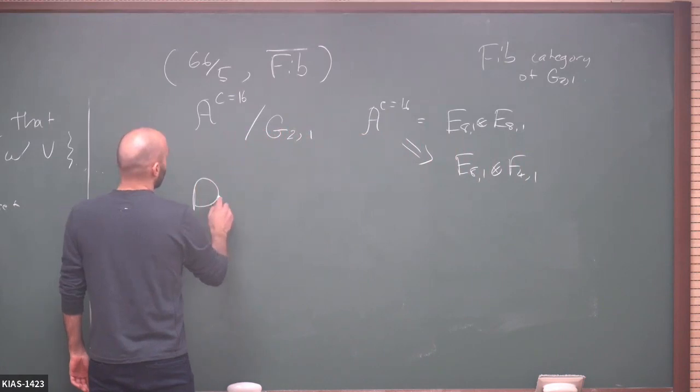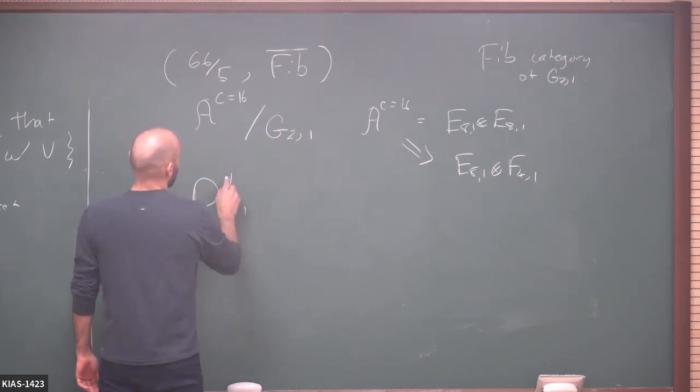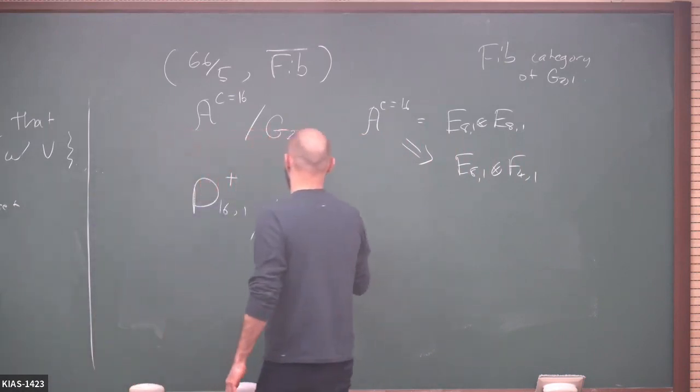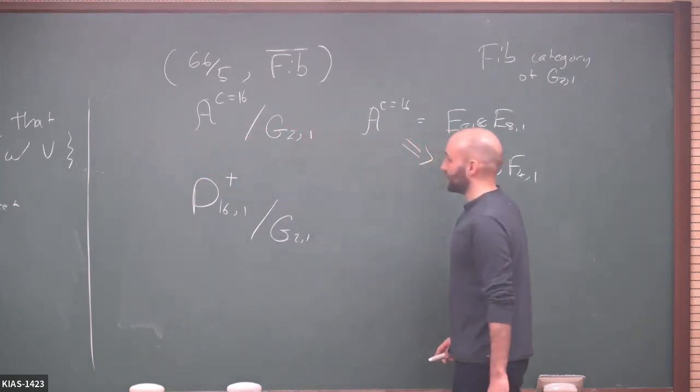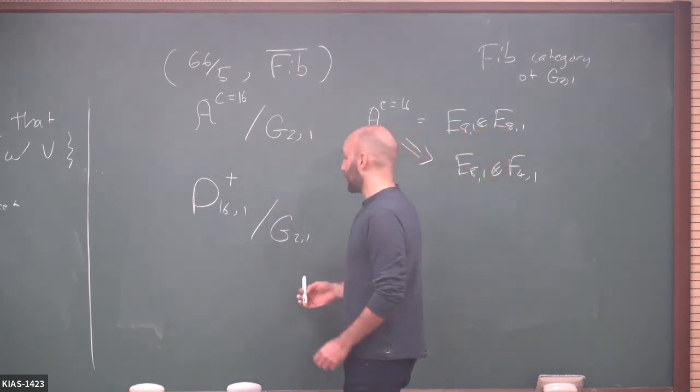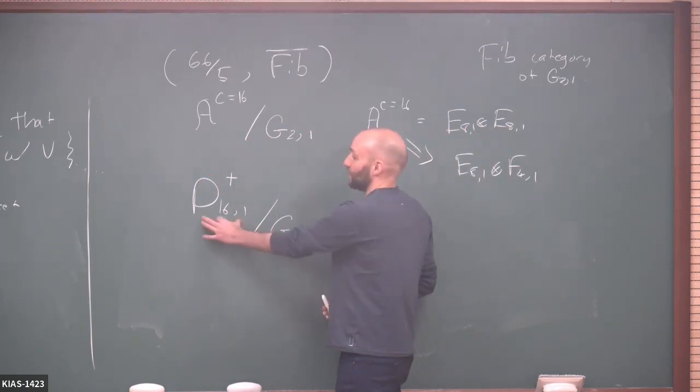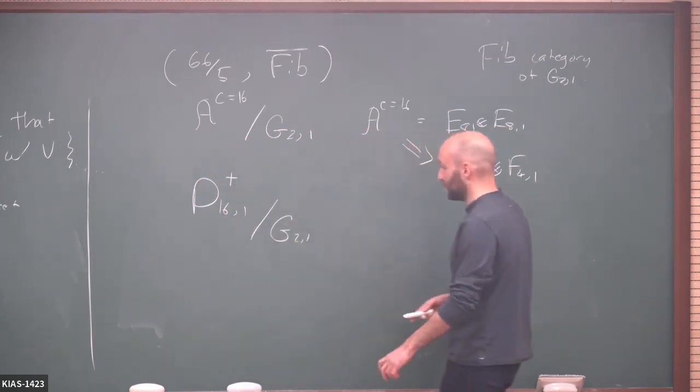However, you can get a new example by considering the coset of D16 by G2 at level 1. There's a unique way to embed G2 at level 1 into D16 at level 1.